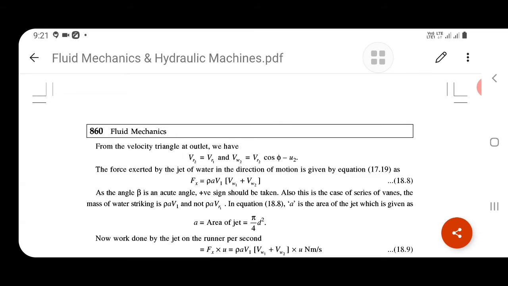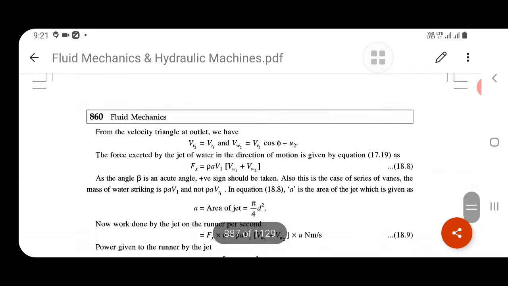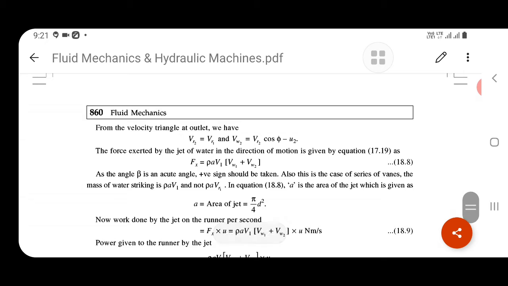So with the help of that we can calculate VR2. Let's see the force exerted by the jet. The force by the jet on the water in the direction of motion is given by F equal to mass into velocity, momentum, that is mass into initial velocity minus final velocity. So Fx is equal to rho a V1, that is the mass, into (VW1 plus VW2).